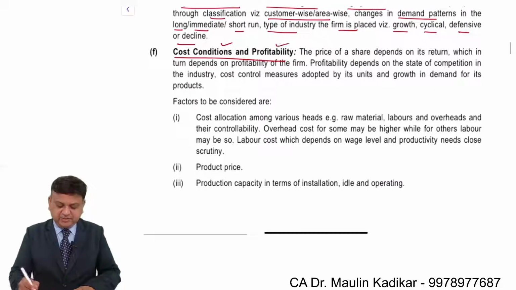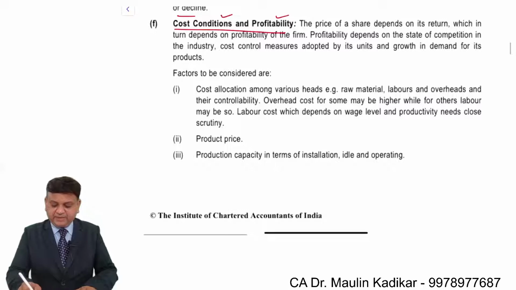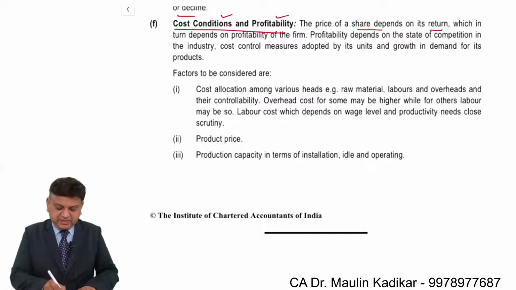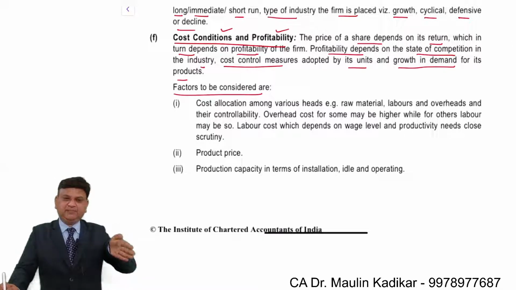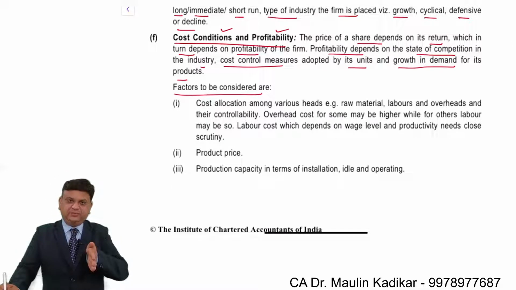Cost conditions and the profitability. The price of the share depends upon the return, which in turn depends upon the profitability. Profitability depends upon the state of the competition in the industry, cost control measures adopted by the unit, and the growth in the demand for its products. So basically, the price of the security depends upon the profit of the company.